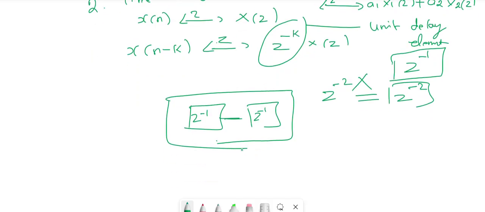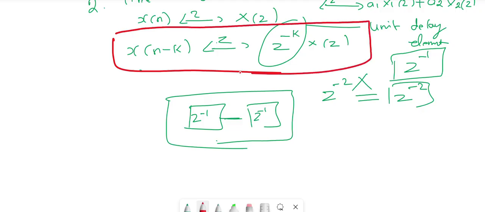So x of n minus k can be written as z power minus k into x of z, which is a frequently used property.